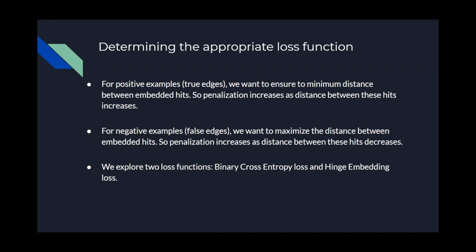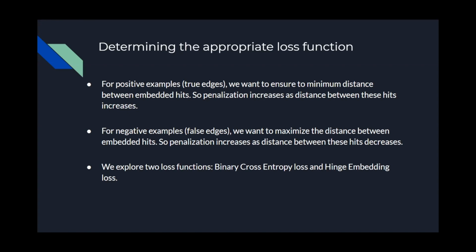Then the next part was to choose the right loss function. Since we are using this distance metric, for the positive examples, which are the true edges, we want to minimize the distance between the embedded hits.